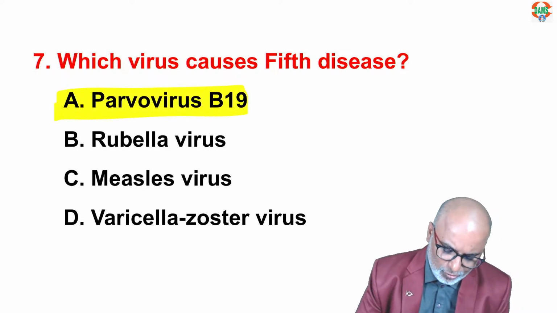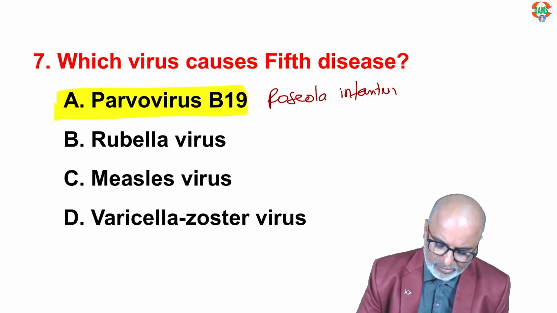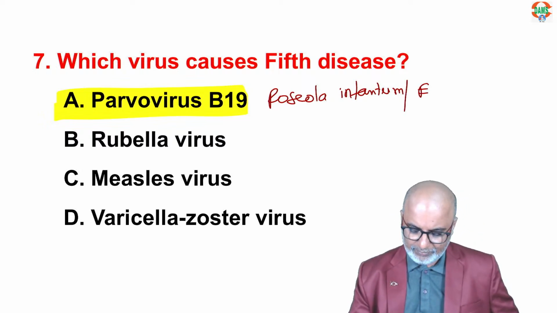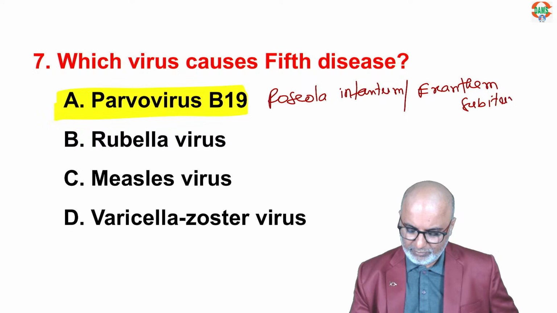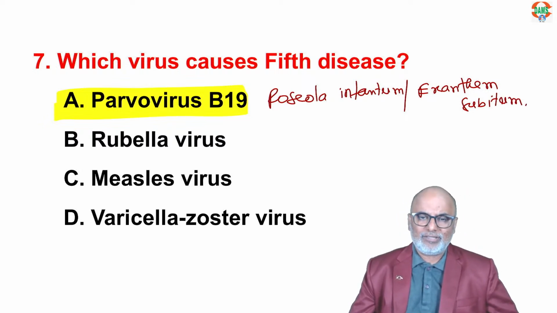The sixth disease is otherwise called Roseola infantum, or Exanthem subitum.